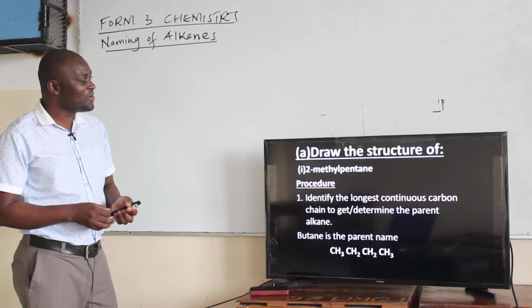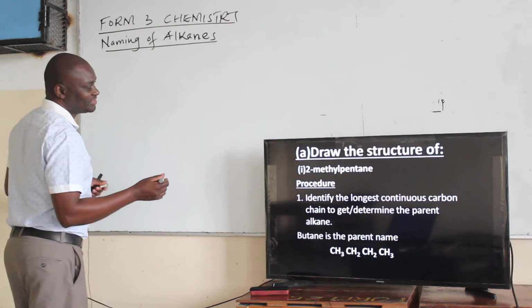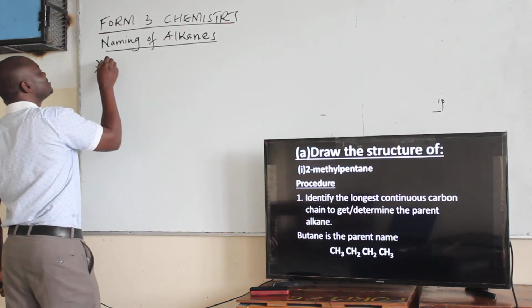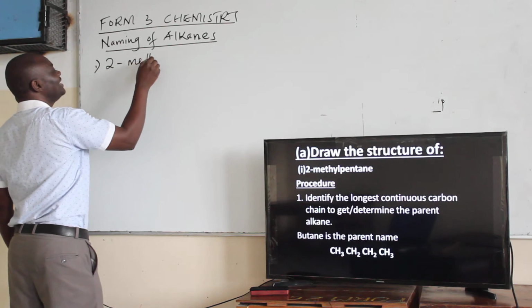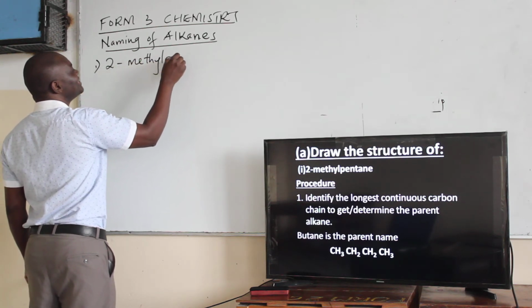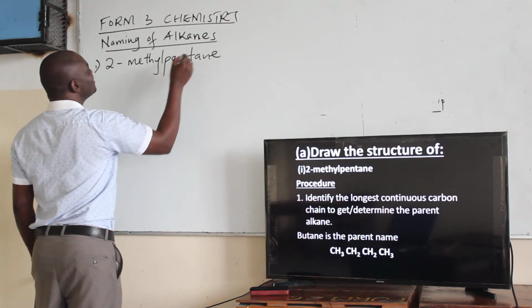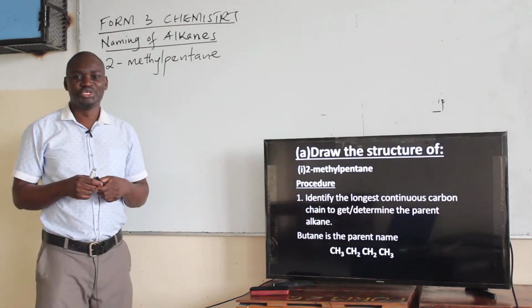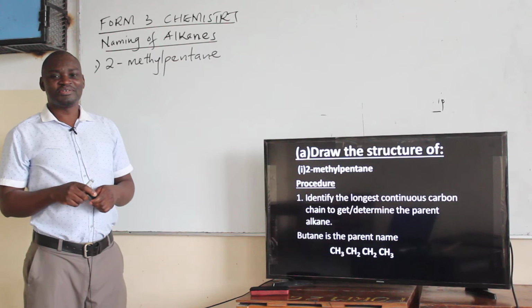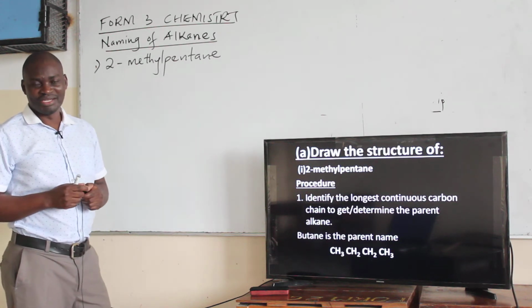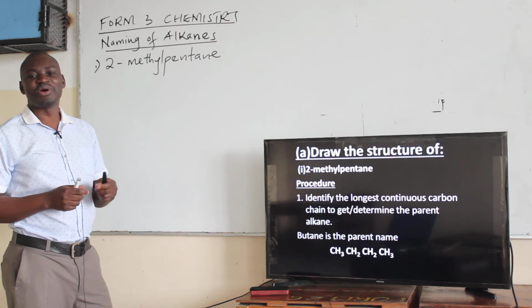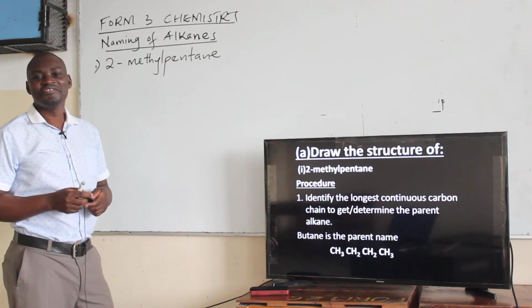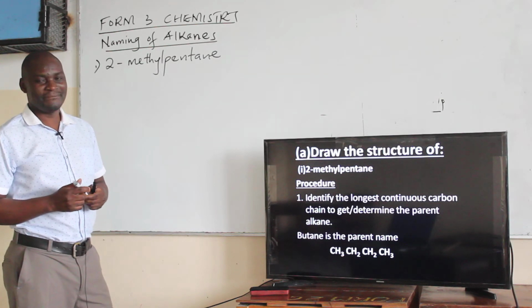The first thing that we are going to do here, we are supposed to draw the structure of 2-methylpentane. The first step when doing this is to identify the longest continuous chain from the parent name.